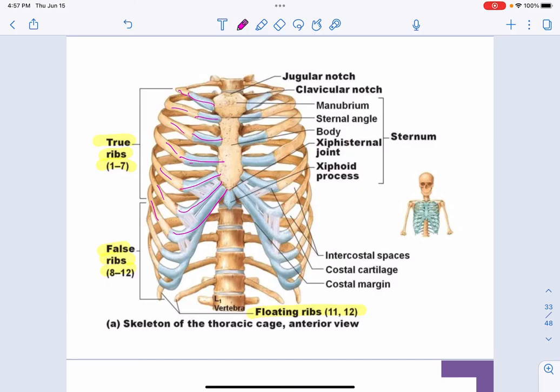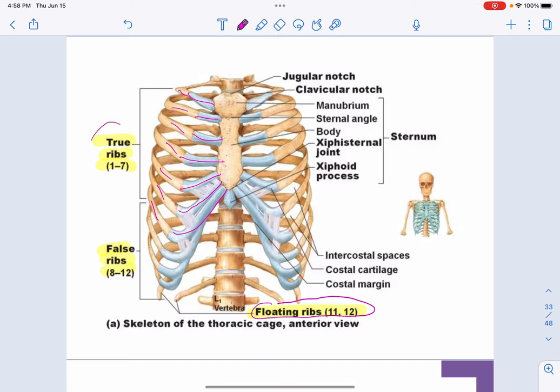The false ribs are kind of hijacking onto the hyaline cartilage of the 7th rib. So 8, 9, 10, 11, and 12 are considered false ribs. However, the last 2 ribs are also called floating ribs because they don't have hyaline cartilage and they don't attach to the sternum at all.